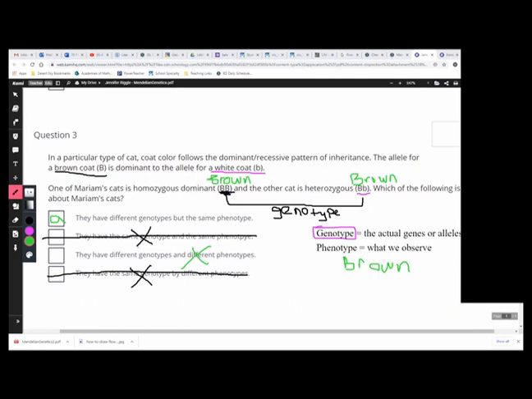It is represented by a pair of the same letter, but can be capital or lower or both. Okay.